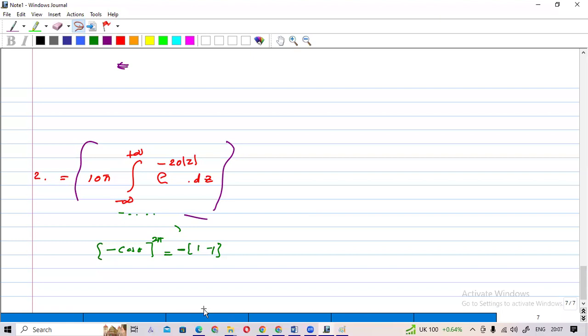You have to basically do this integration, that is minus infinity to plus infinity, 5 e to the power minus 2 magnitude of z.